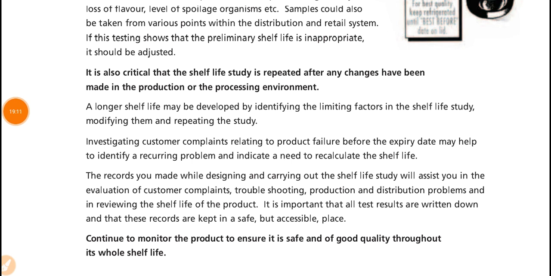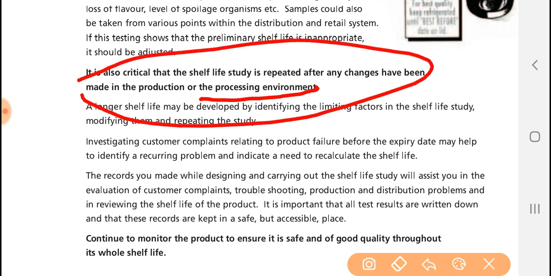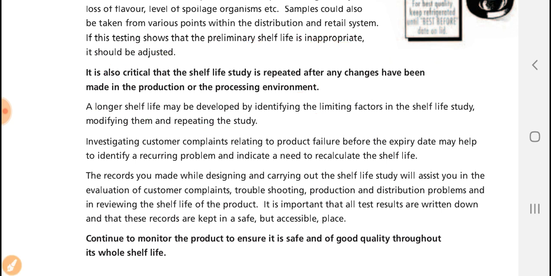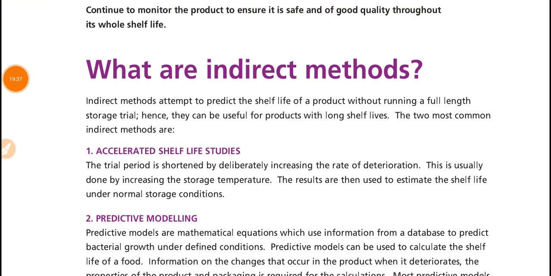Then one more important thing is, if you are changing any kind of process or processing environment, or any changes in the ingredients, then you have to start the shelf life study again. It is also critical that the shelf life study is repeated after any changes have been made in the production or the processing environment.